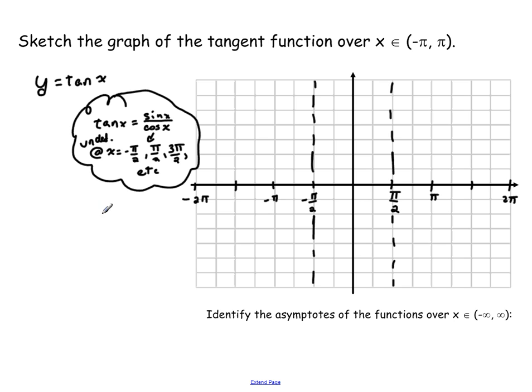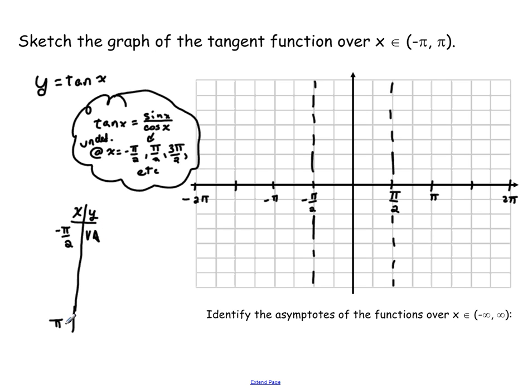Well, what happens then in between? Now we could make up a little table right here and just figure it out. But if you happen to know your tangent function values, it isn't very hard. I'm going to start at negative pi over 2 this time, because I know that is the location of a vertical asymptote, and I'm going to end at positive pi over 2.